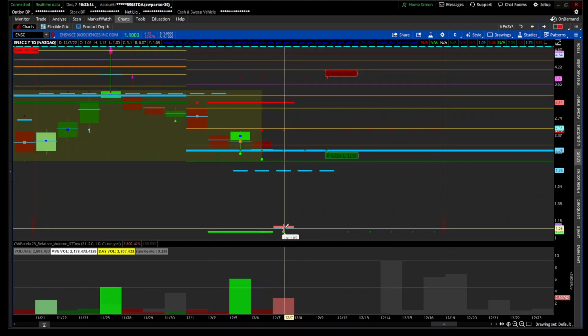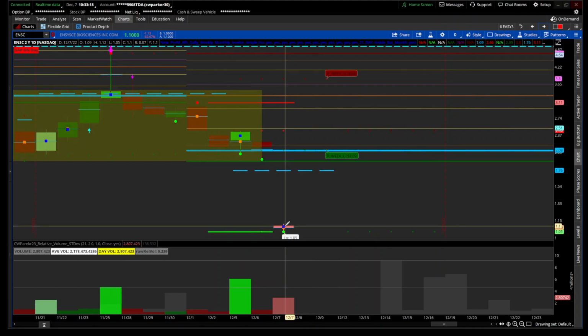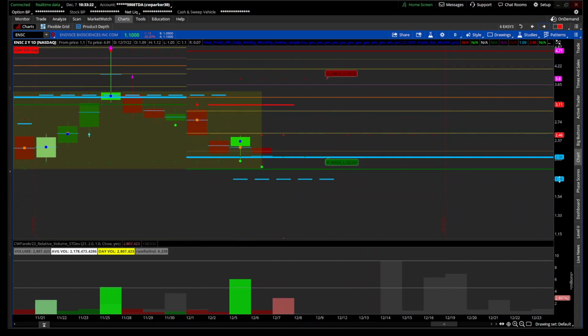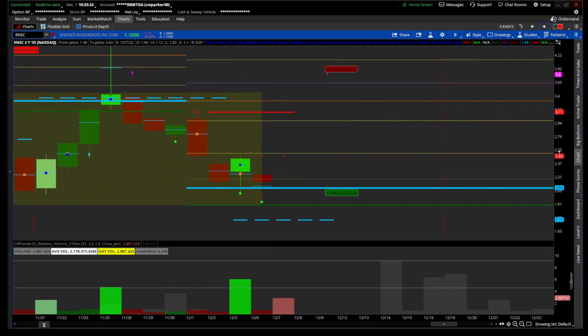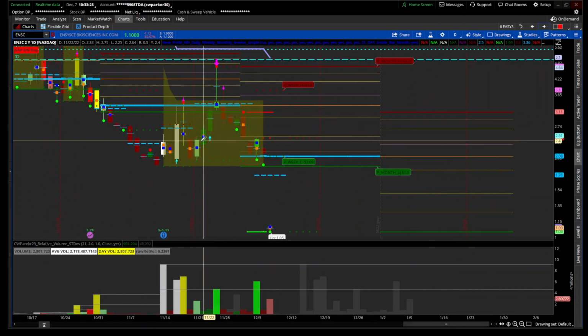The overall range of this candle is, let's see. It's not going to let me zoom in like that. Yes, it will. I just have to do this.